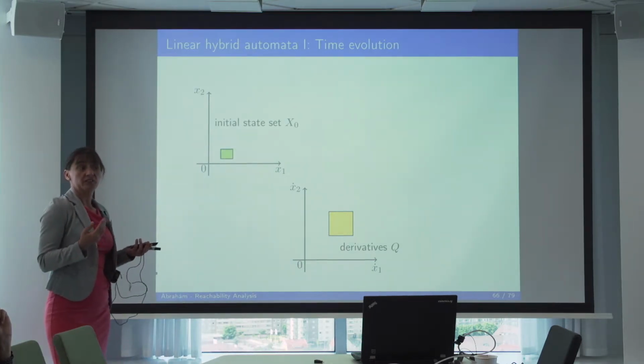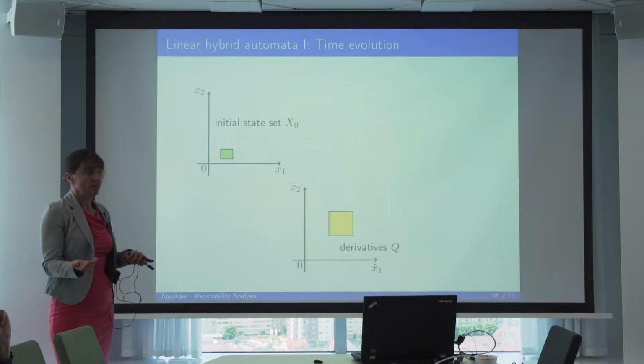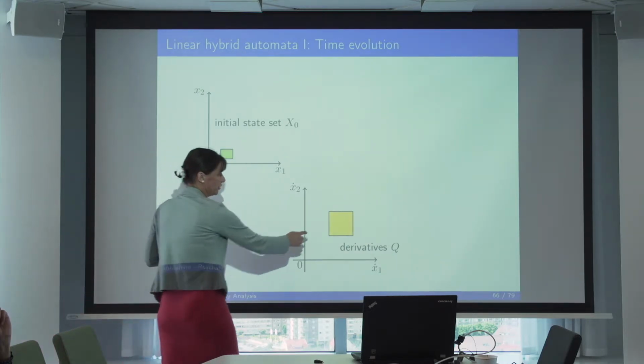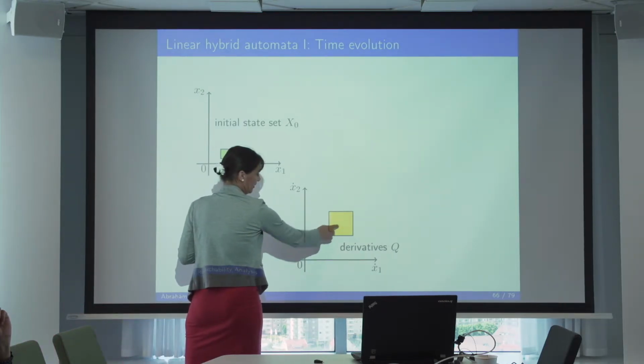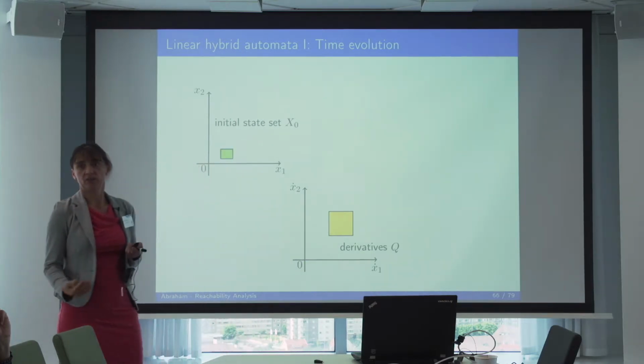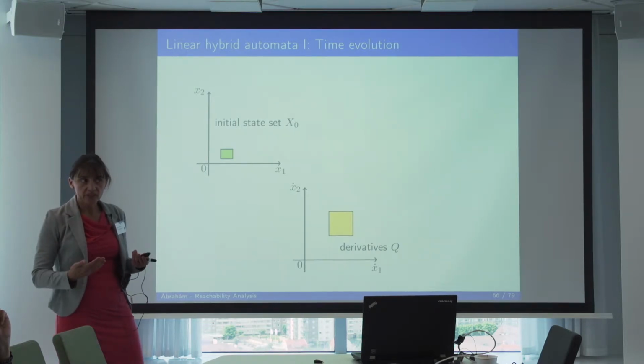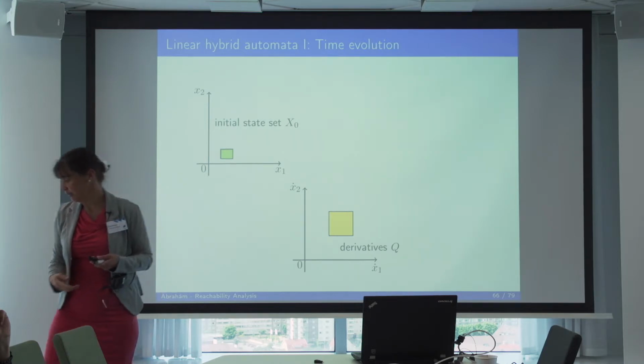What does the derivative mean? It means the change of the value per time unit, and this is constant. If I choose a value for the derivatives here, then the vector describes the change for one time unit. And I can stay there, without considering the invariant, for arbitrarily long, also for below one time unit or above one time unit.